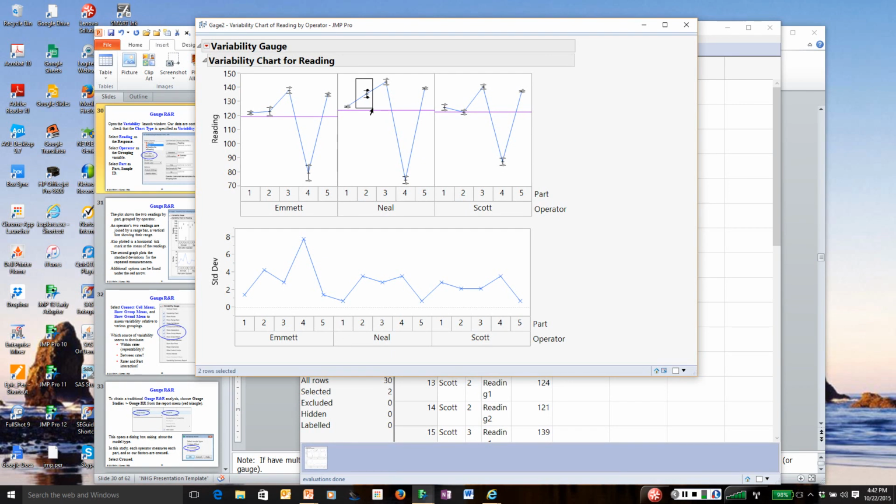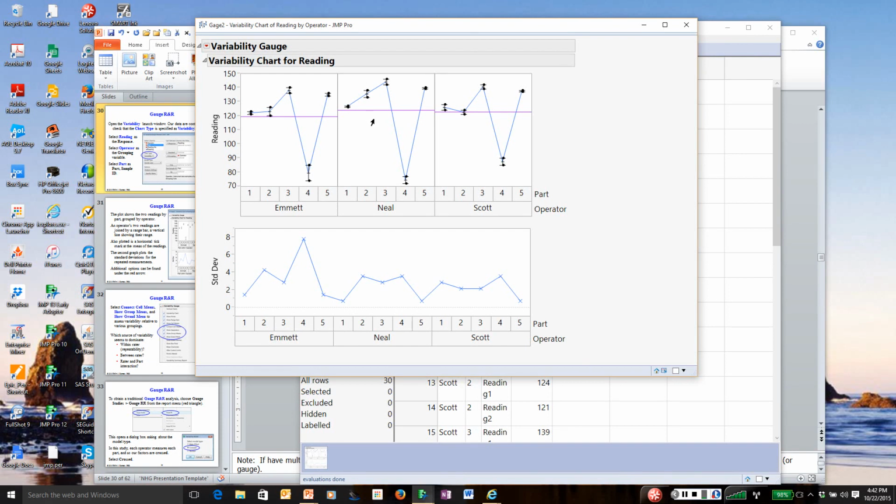Notice there is a discrepancy for Neil on part 2. That's actually going to show up in our analysis. For some reason, Neil did not seem to measure part 2 the same way as the other two operators. So there may be an operator by part interaction going on.